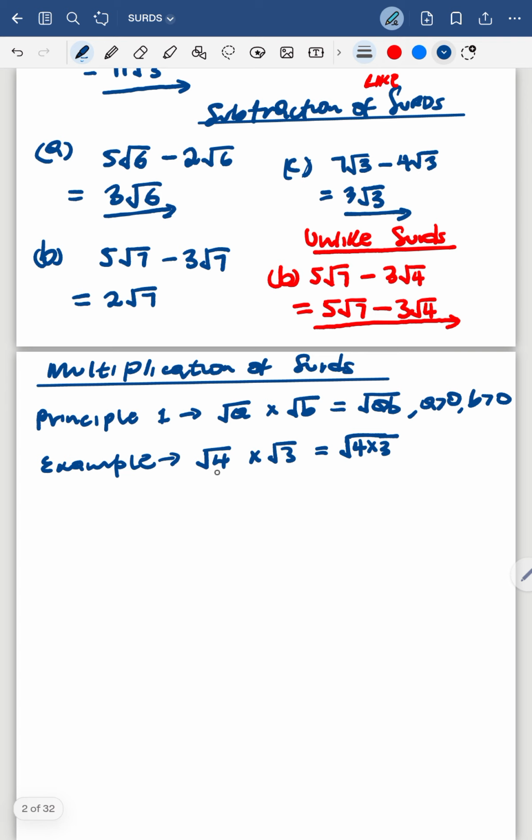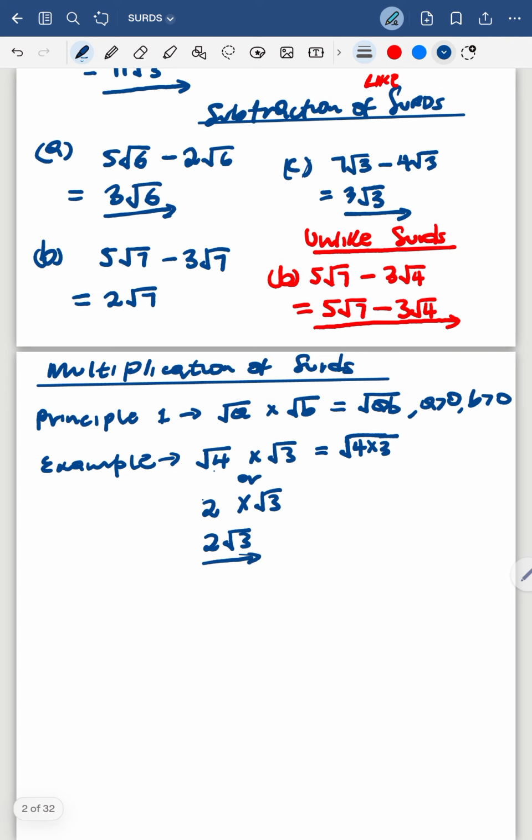What is the square root of this? It's 2. Then you write that one because it doesn't have a square root. Then you are left with 2. Then you can have 2 root 3, because 2 multiplied by root 3 is 2 root 3. So this must be your answer.